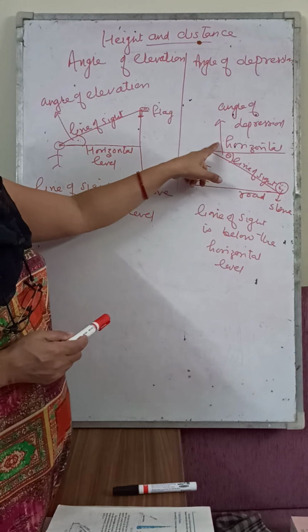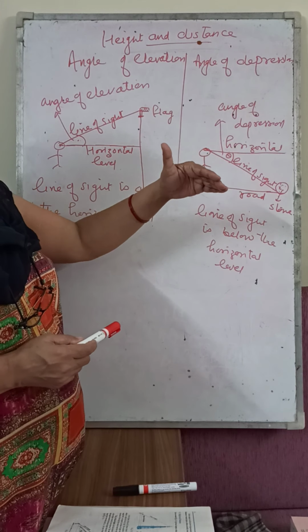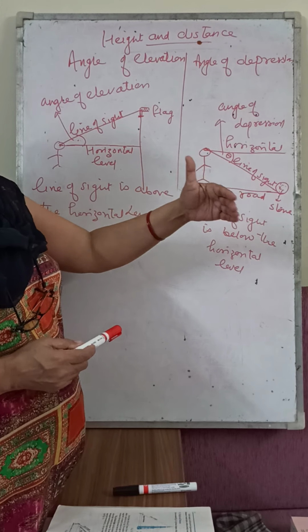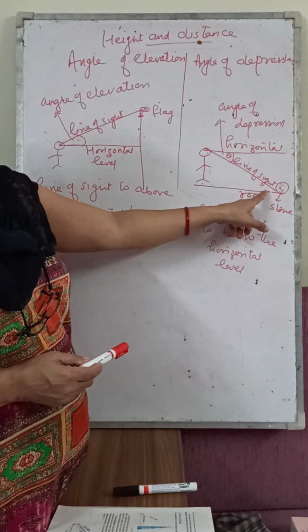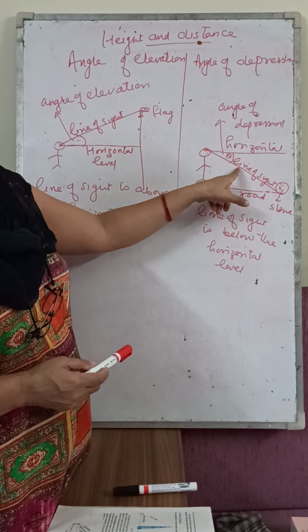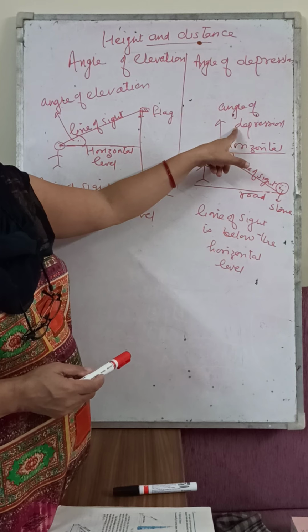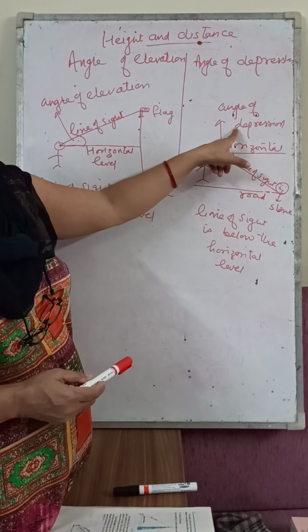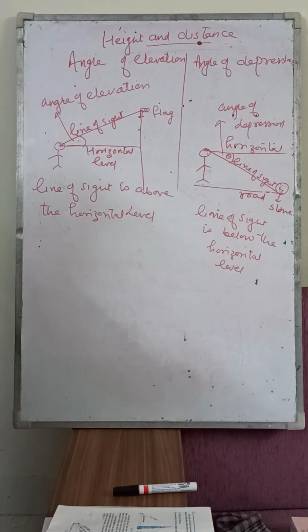And the line of sight means the line where you are seeing some object. So you are seeing this object, so this will be the line of sight. So when the line of sight is below the horizontal level, then the angle formed is called the angle of depression. Is it clear?